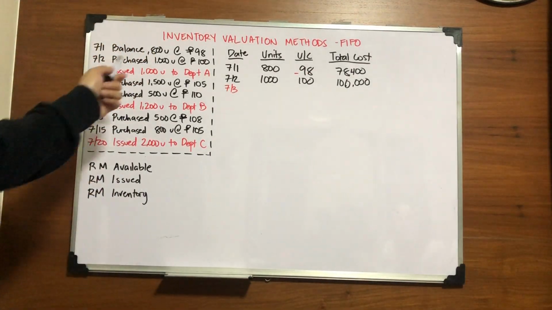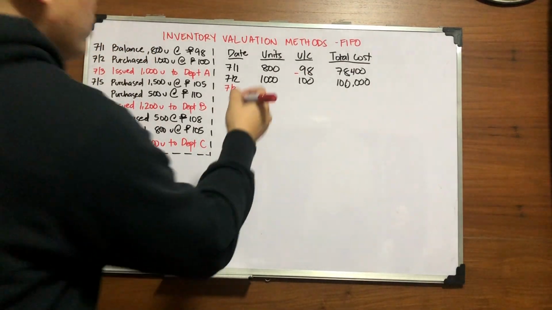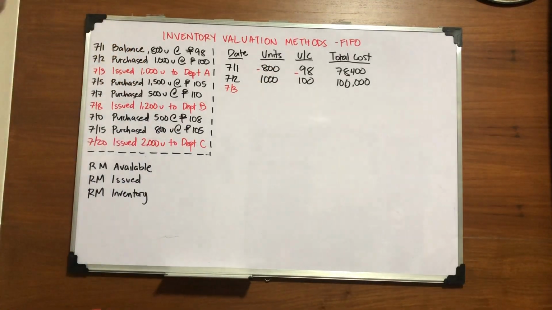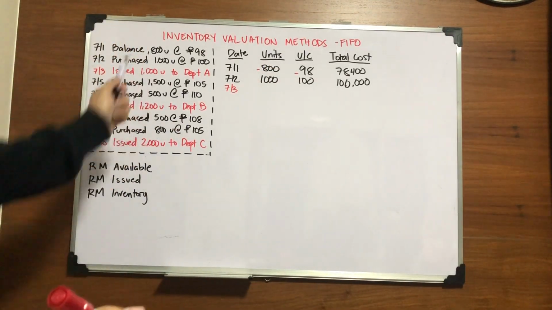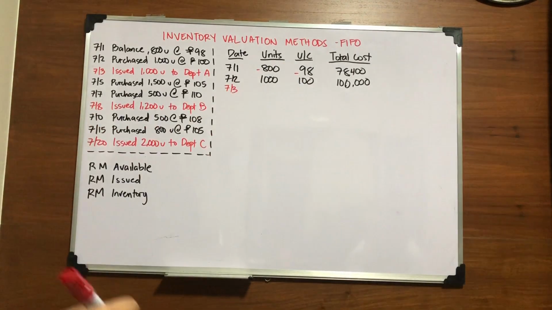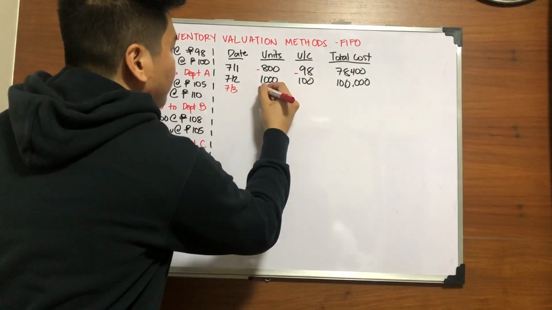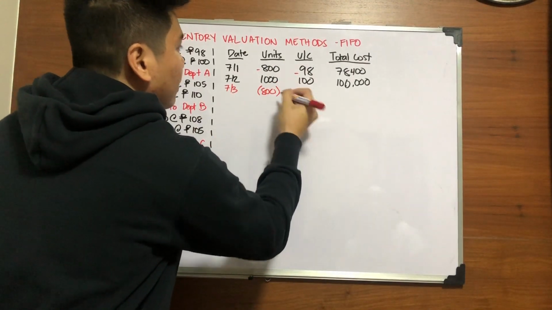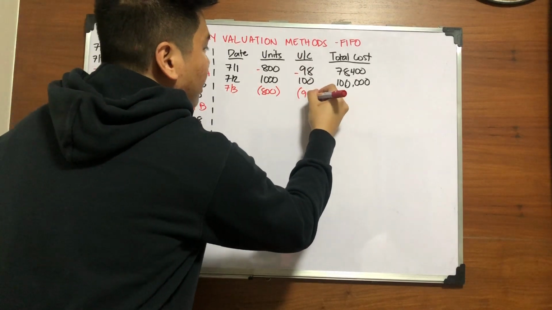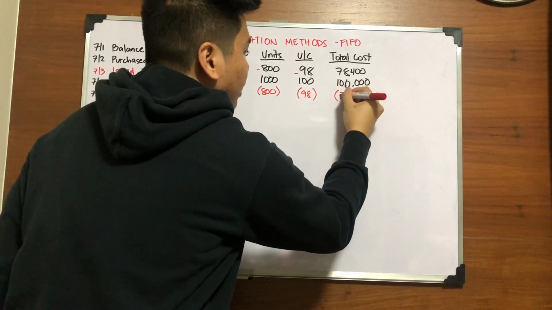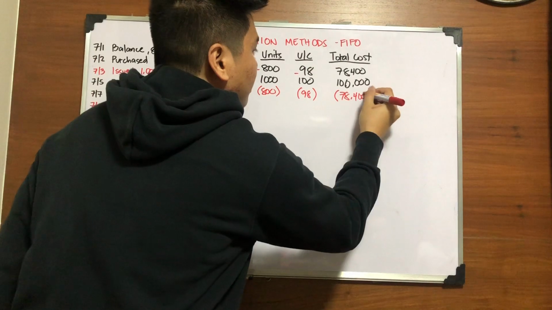But since the July 1 transaction has only 800 units, I would first get the 800 out of 1,000 using the unit cost of 98 pesos. So I would be getting 800 at 98. That would give me a total cost of 78,400.